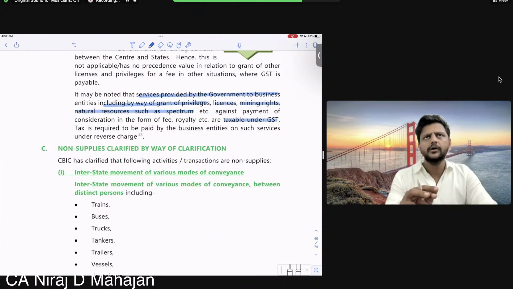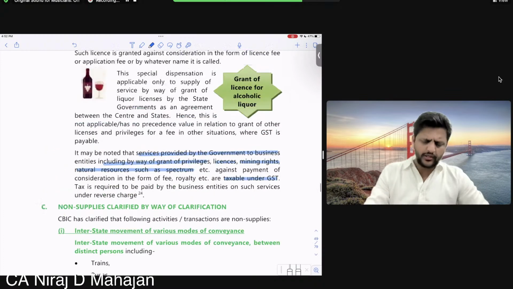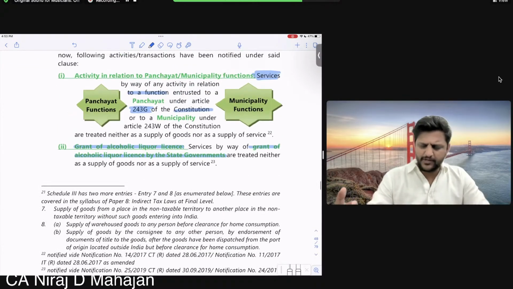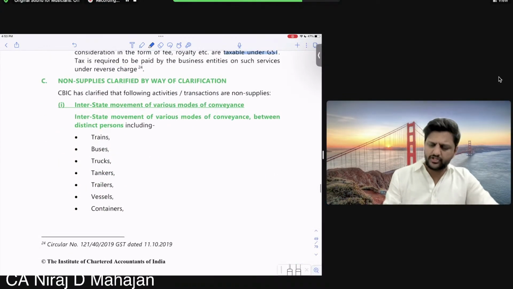And third one. So first one was Schedule 3. Second was what? Notification, which one notification is of alcoholic liquor and these panchayat municipalities functions. Okay, fine. And third one is clarification. Ready?